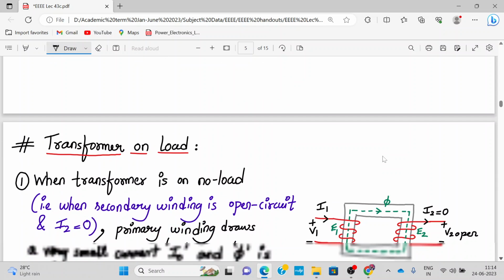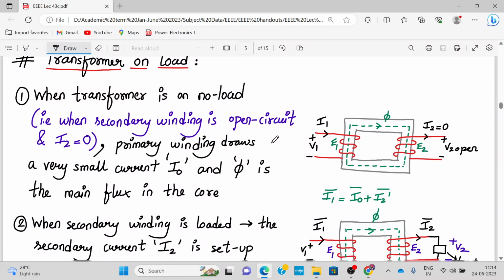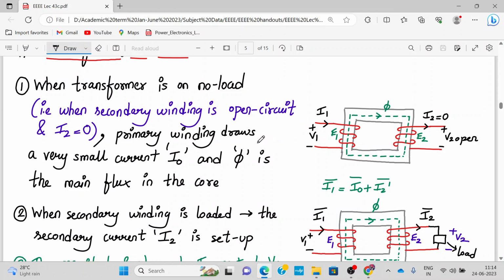Okay, let's move on. Before, we talked about the transformer on no load. Now we'll talk about the transformer on load. When the transformer is on no load, that is, when the secondary winding is open circuit, or I2 is 0, the primary winding draws a very small current I0, and phi is the main flux in the core.